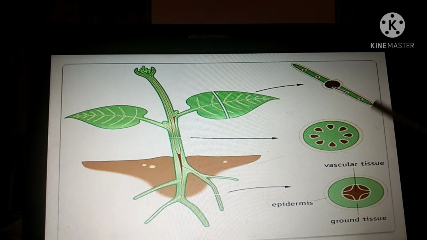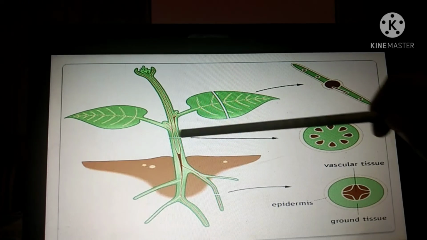You will study all this later in biology. Epidermis is the tissue present in the outer part of the stem. After the epidermis you have the ground tissue, which is present in the inner part of the stem, and ultimately you have vascular tissue, which is present at the core, the innermost part. Vascular tissue is the brown portion.